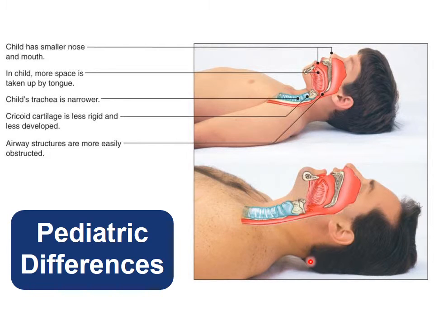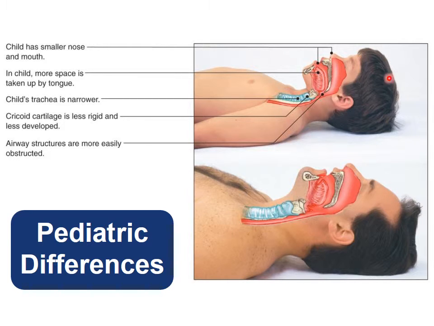If we look here, the adult is lying completely supine with the head on the floor and their back on the floor. Their airway is mostly in line, but if you do the same, because the kid has a proportionally larger head, their head is actually flexed forward, and if you're not careful, we can flex that trachea just like a straw and kink it off.